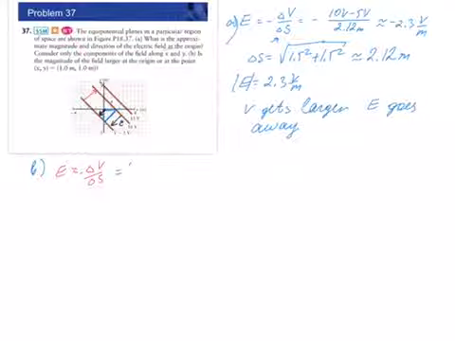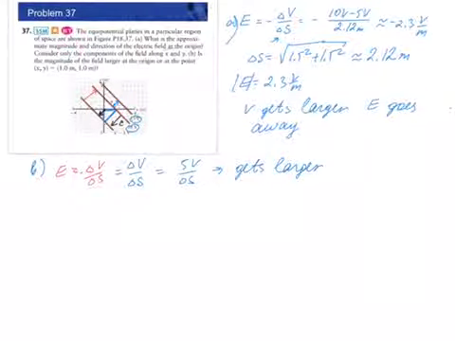Delta V stays the same, 15 and 10, so it's 5. But delta S definitely gets smaller, just visually. This is way smaller. So that means E gets larger, and the electric field at the origin is less than the electric field at point 1,1.